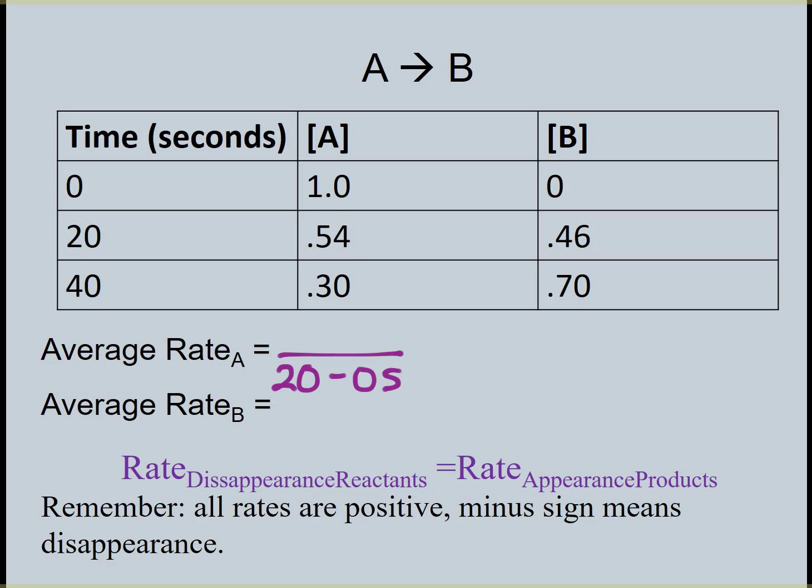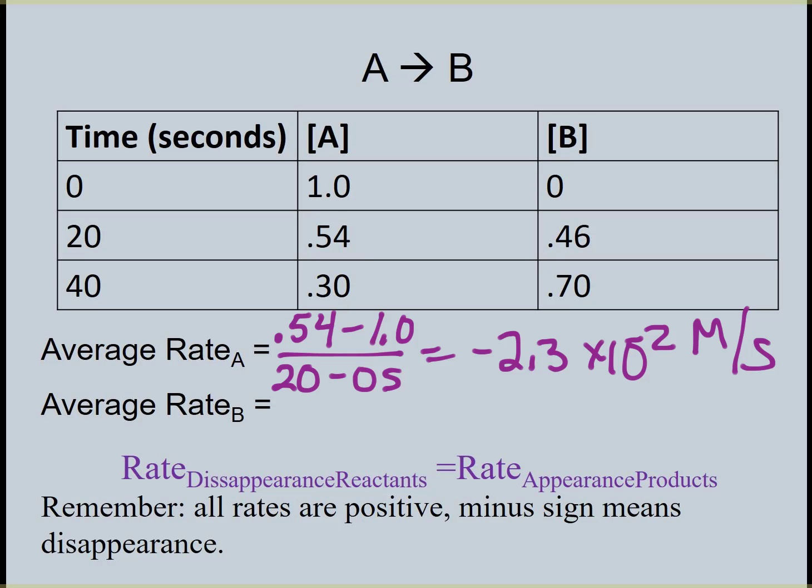Of this time for A, I ended with 0.54 concentration minus 1. So doing my math, I get a minus 2.3 times 10 to the minus 2. And my units are molarity per second, because my molarity is on the top and I have seconds on the bottom.